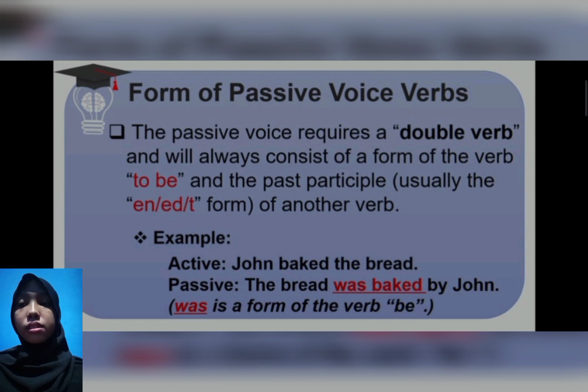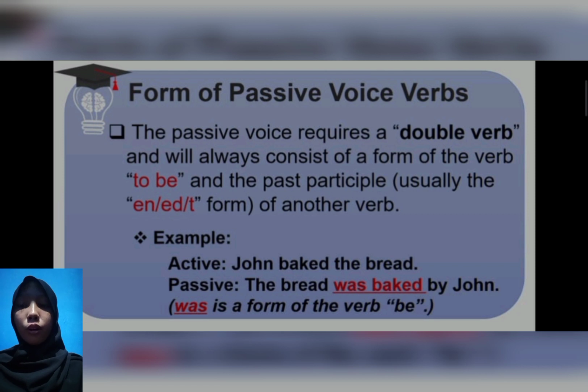The passive voice requires a double verb and will always consist of a form of the verb to be and the past participle, usually the en, ed, or t forms of another verb. Example: active, John baked the bread, and passive, the bread was baked by John.